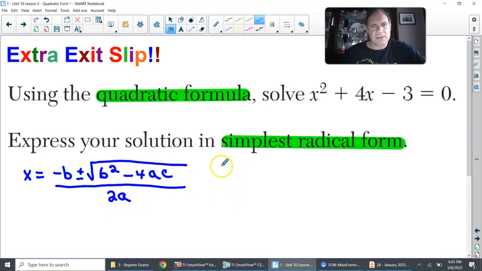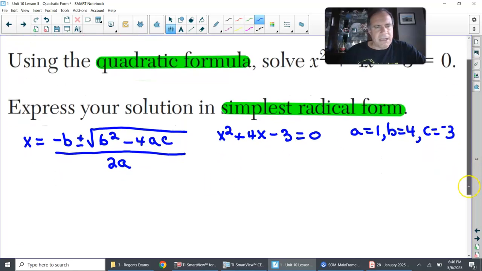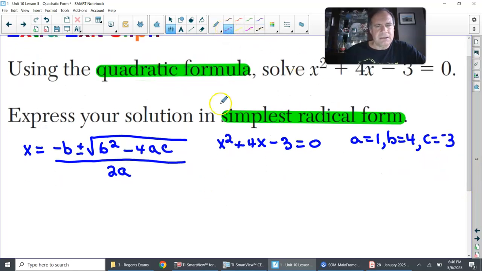So we're going to put the x squared plus 4x. This is all standard form, so they gave it to you nicely. We're going to label a as 1, b as 4, and c as negative 3. So we're just going to go and take a look at the quadratic formula, and we're going to start substituting in the numbers.